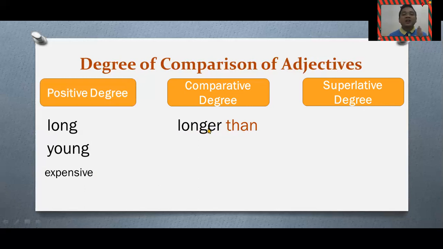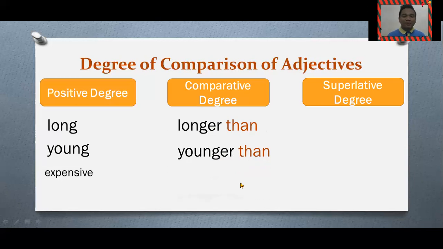So longer than, which means you are now about to compare two things. Now, what about young? How many syllables are there in young? One. So you add er, it becomes younger than.